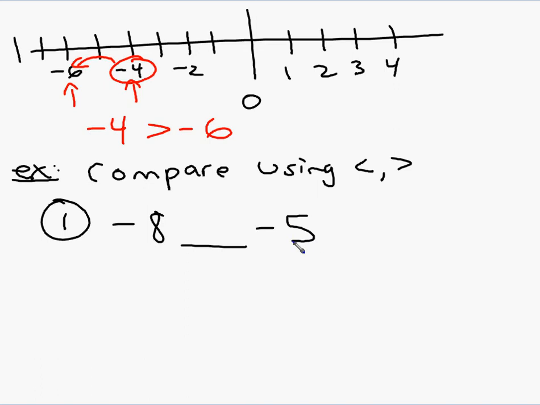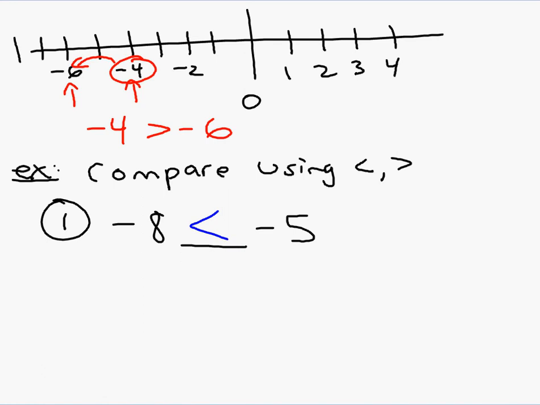All you need to do is put in the correct inequality. Which number is bigger? Negative 5 is bigger. So the alligator mouth is the bigger number. If I wanted to read this, though, I would say negative 8 is less than negative 5, which you need to be able to read left to right.